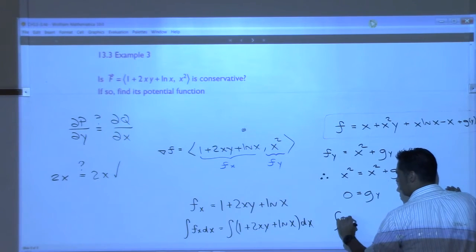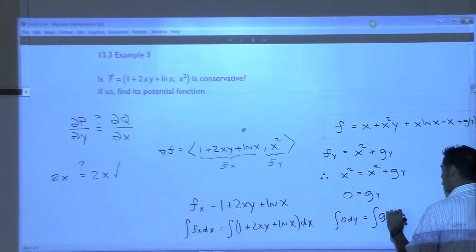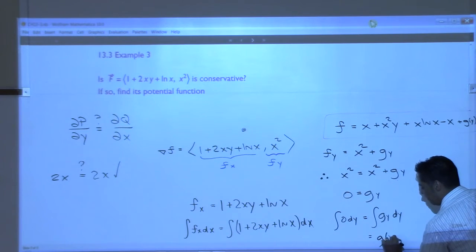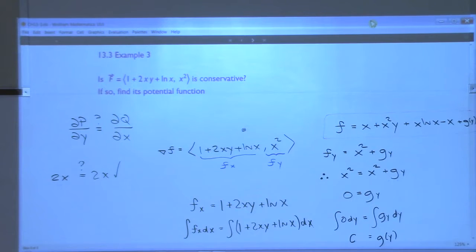So integrate 0 dy, and then integrate partial g with respect to y. And this will give us on this side our g function. And then this right here has got to be a constant. So we have a whole bunch of things that it could be. This is a constant. So if we just erase that right there, that would work. That's a potential function.